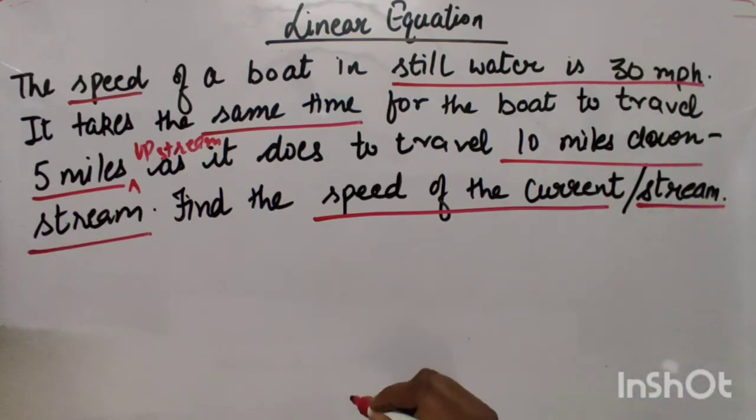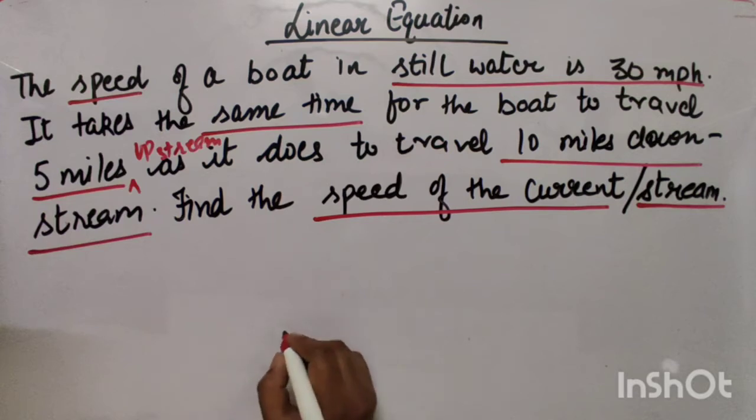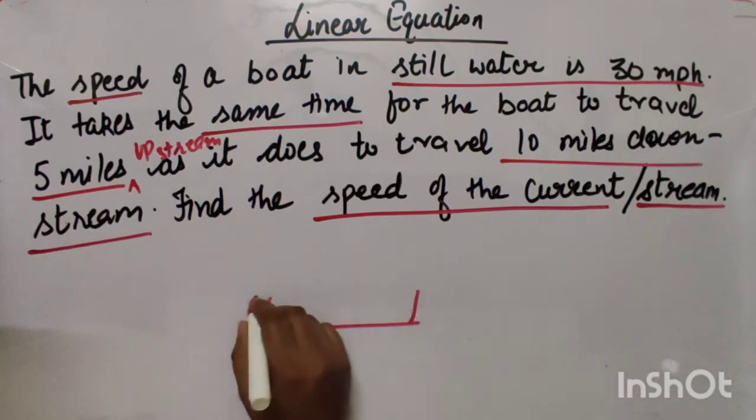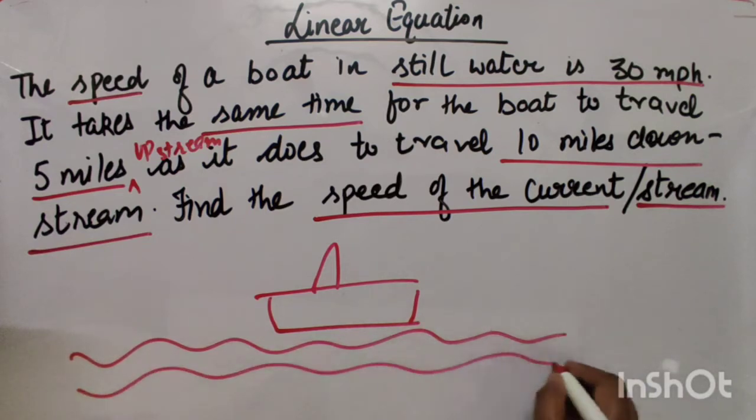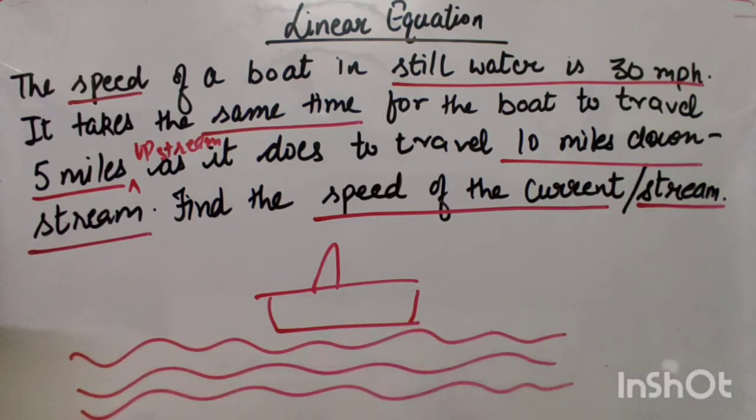As we have already discussed earlier, let's suppose we have a boat, and this is a river or any water body, a moving water body, right? The direction in which it is flowing is known as the stream. This is the current, right? So let's suppose we need to find out the speed of this stream only.